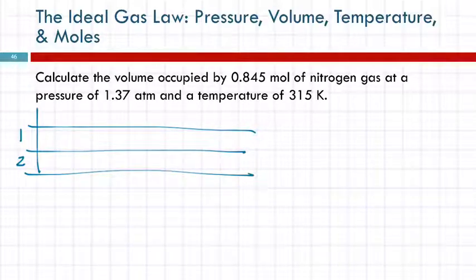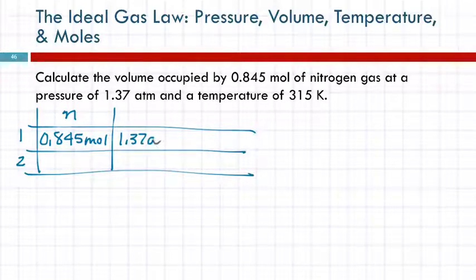And so the first number I come to, 0.845 moles. And that would be N. N is for number of moles in the gas laws. Pressure is 1.37 atmospheres. So I'm going to label this column pressure.